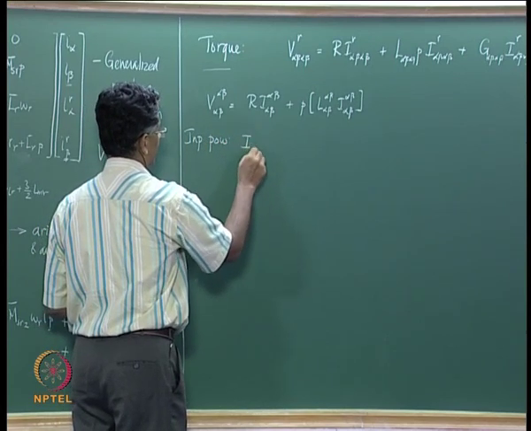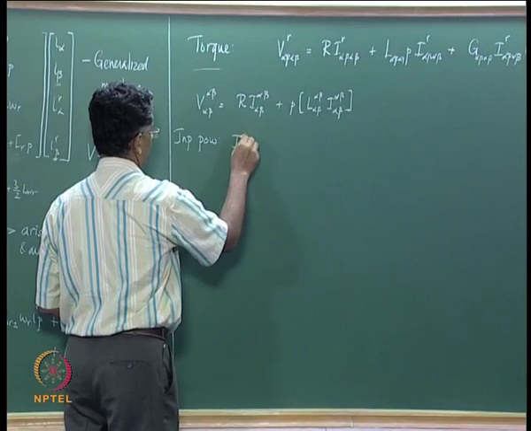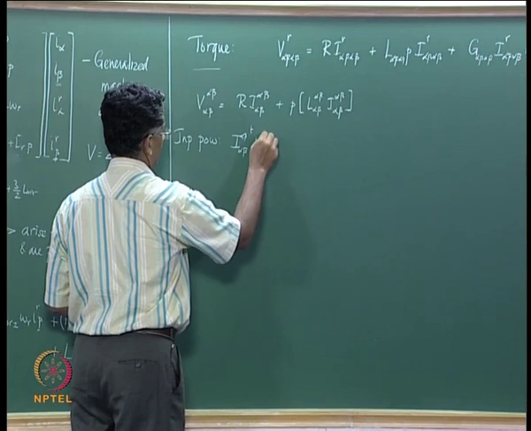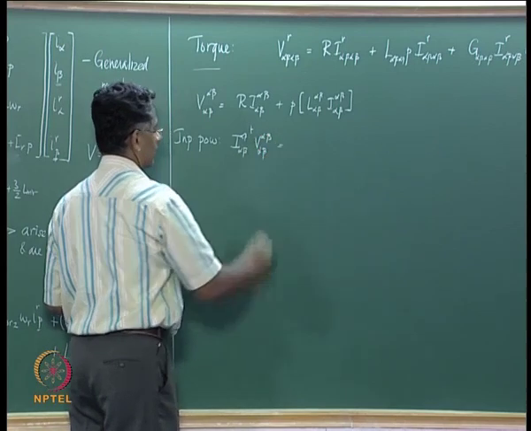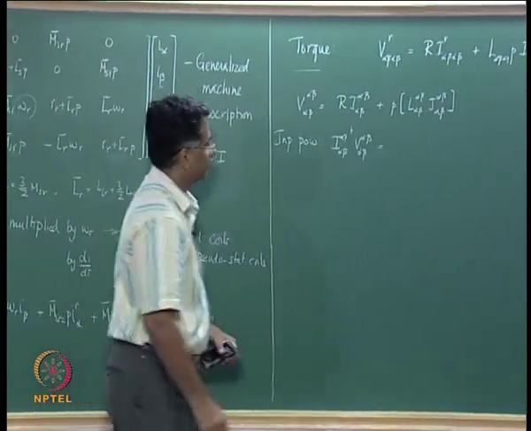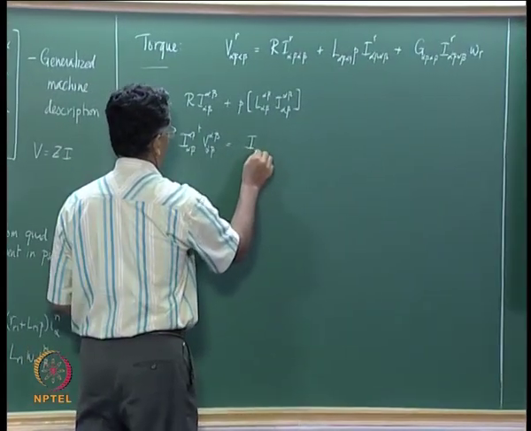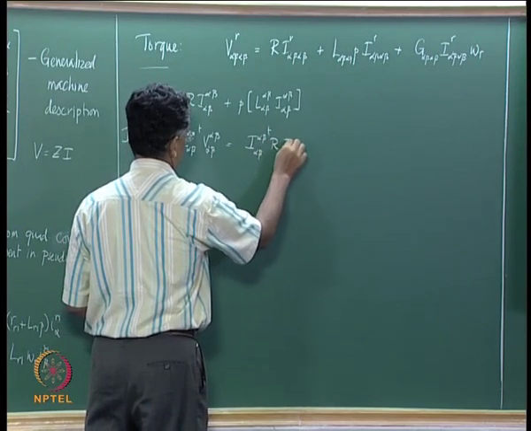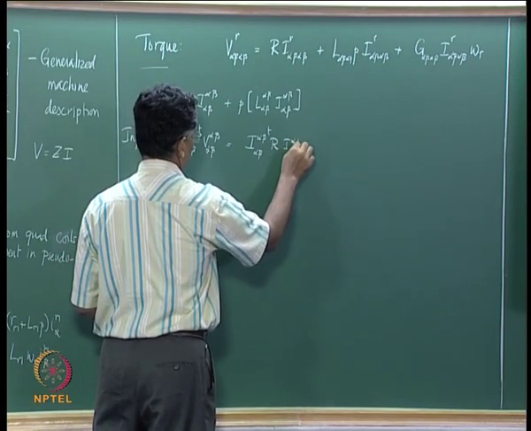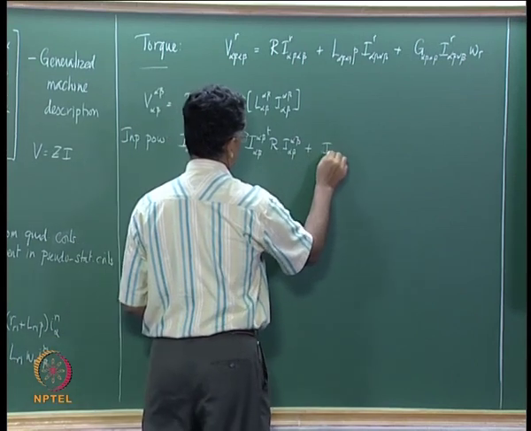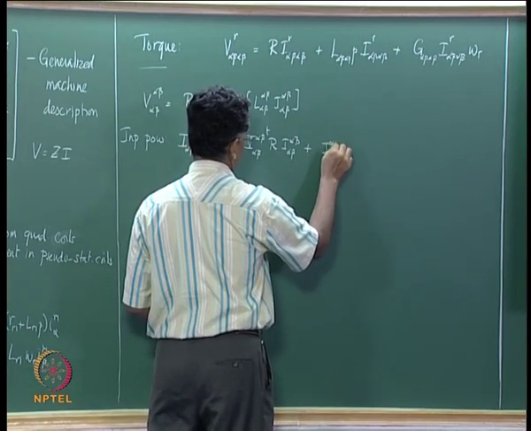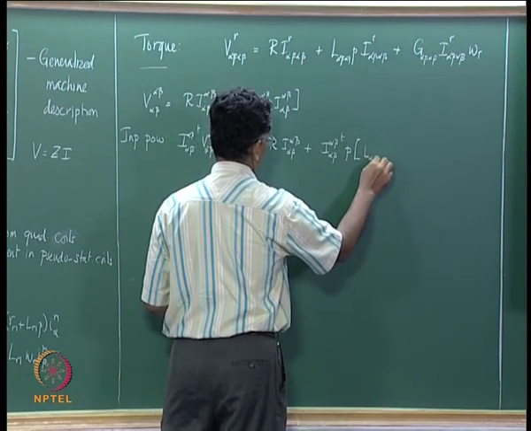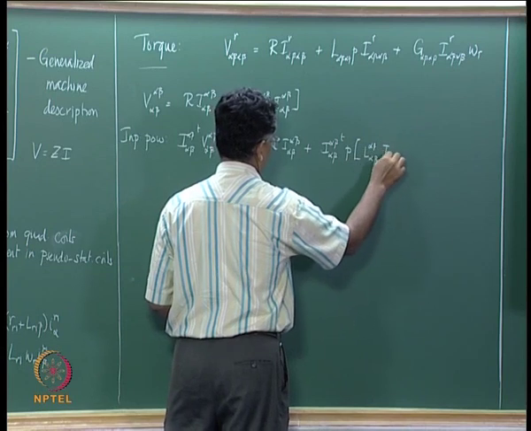Input power is given by I alpha beta transpose into V. I transpose V is nothing but I transpose R I plus I transpose P of L I.